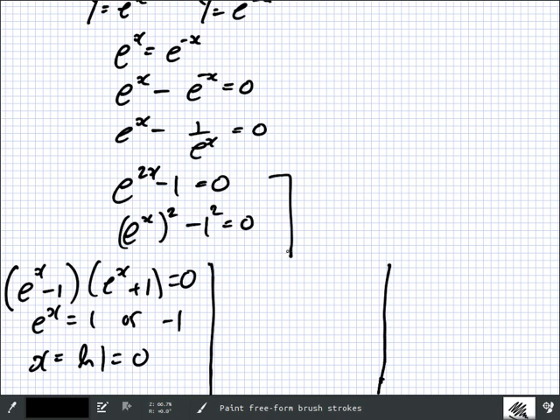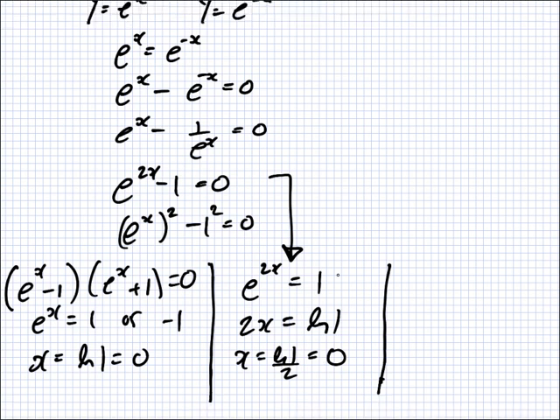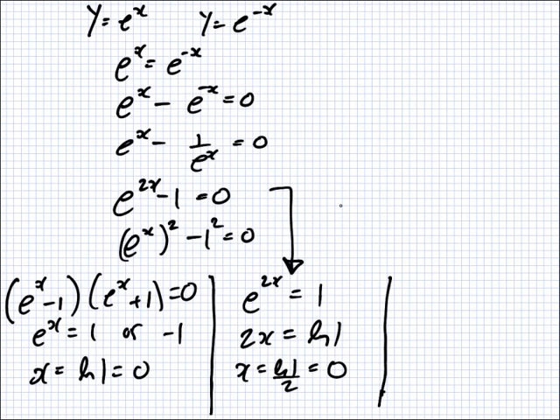Another method is on the second to last step, you could have taken the 1 to the right, and then you could have said 2x equals log 1, x equals log 1 over 2, which equals 0. Yeah. And then I had another idea in my head, which I forgot now. What was I thinking a second ago?